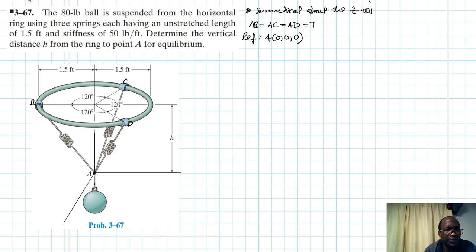So let's label our axes. This is y, this is x, and this is z.